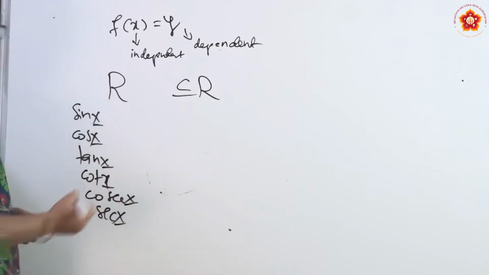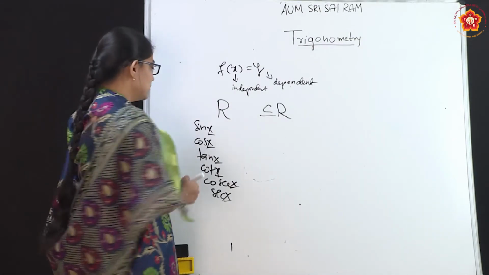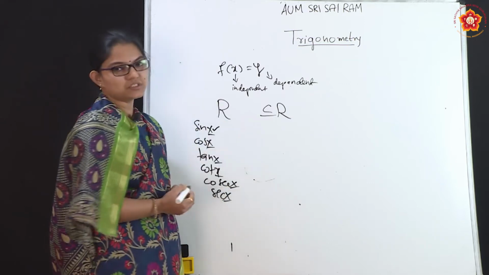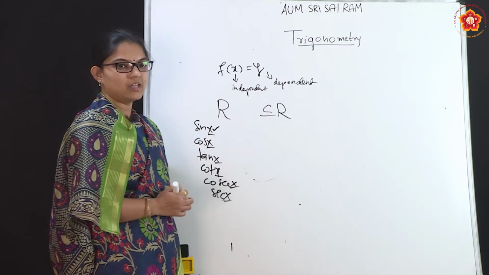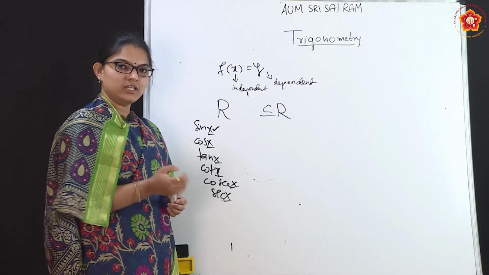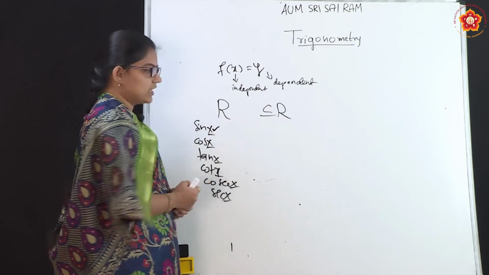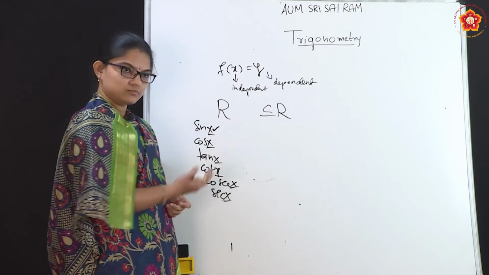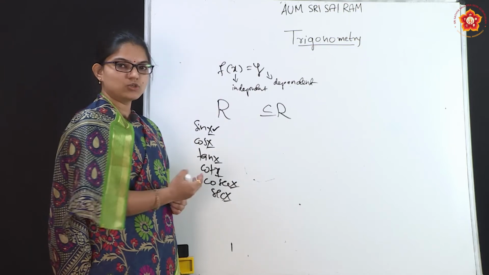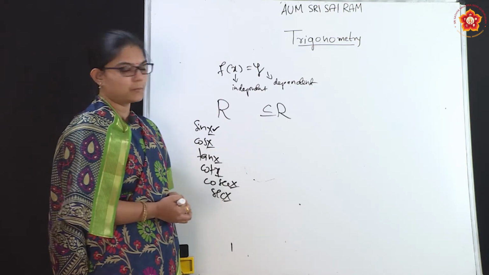Here x represents the angle, and generally we use it in the radian measure and we can understand that in the degree measure also, and any radian measure is nothing but a real number. So, that is how we say that the domain and the codomain, that is domain and the range, are real or a subset of real.